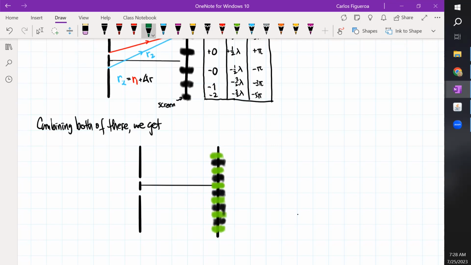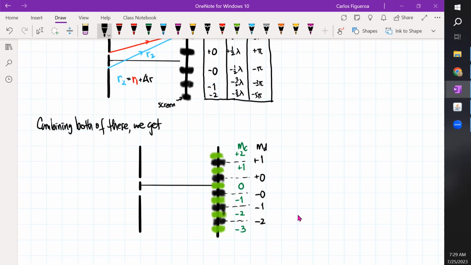And so if I start to look at this, you could see here that I have an MC value that's going to read 0, +1, +2, -1, -2, -3. And then I have an MD value that are offset from the MC values. So then this guy gives me +0, -0, -1, -2, +1.